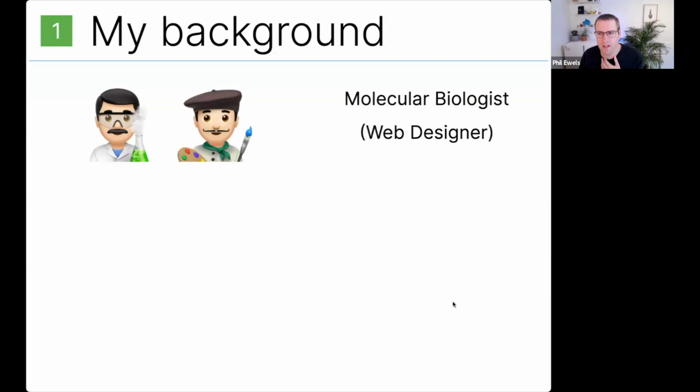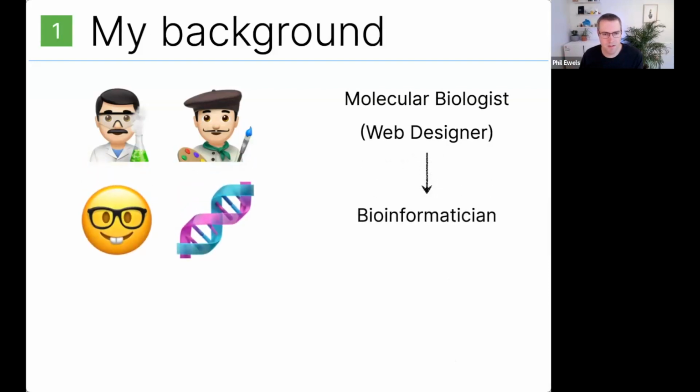Towards the end of my PhD, I realized that some of this experience overlapped and stepped into this new role of what we term a bioinformatician, which just basically means data analysis for biology. So I spent most of my days getting DNA sequencing data and manipulating that and trying to turn it into something useful. I love that. It's really a fascinating job.